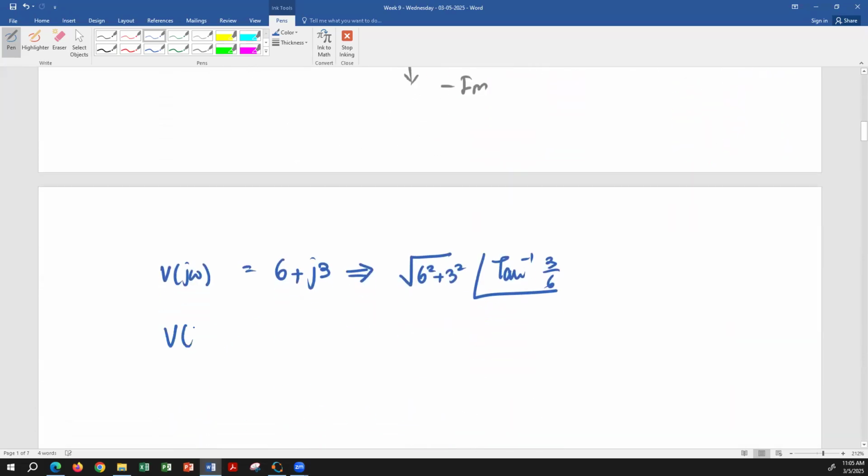Let's say your Vj omega is negative 6 plus j3. Then what will be the magnitude? How do you calculate magnitude if the number is negative 6 plus j3 in the second quadrant?